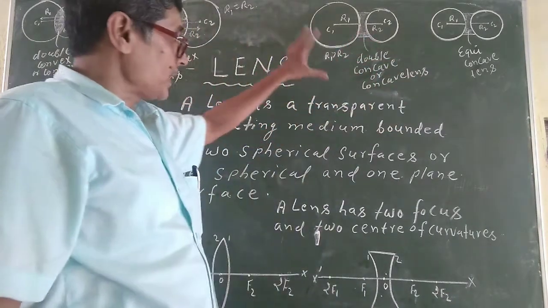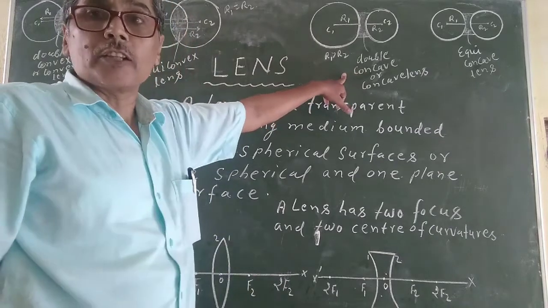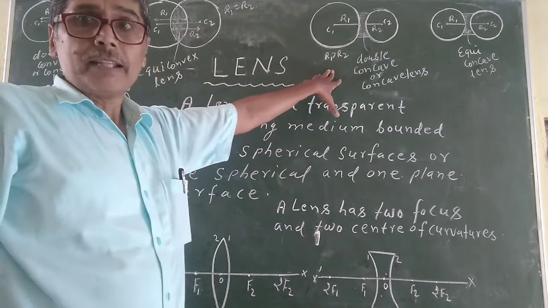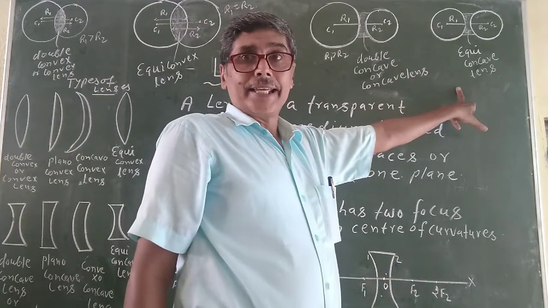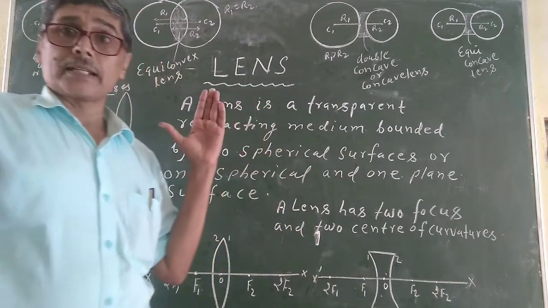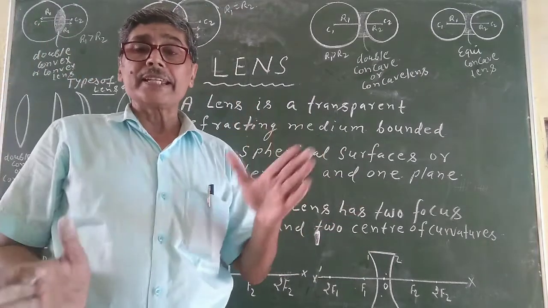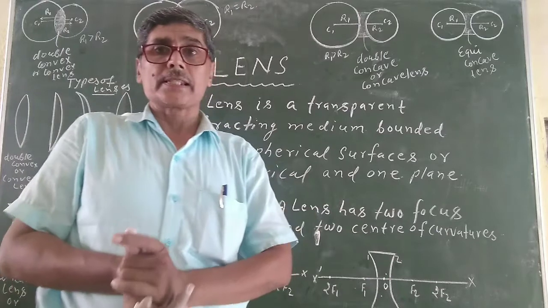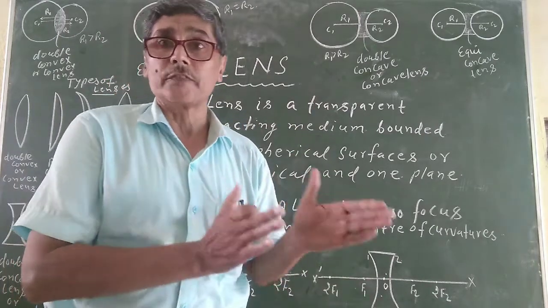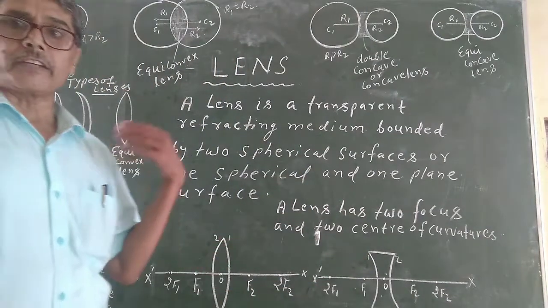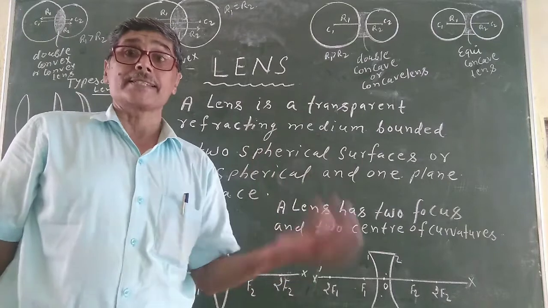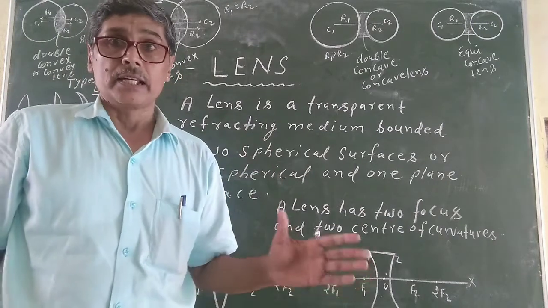In the case of the double concave or double convex lens, R1 and R2 are not equal, but in the case of the equiconcave or equiconvex lens, R1 and R2 are equal. So equiconcave or equiconvex means the radii of curvature of the two spherical surfaces are equal.